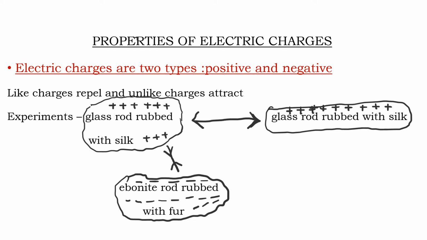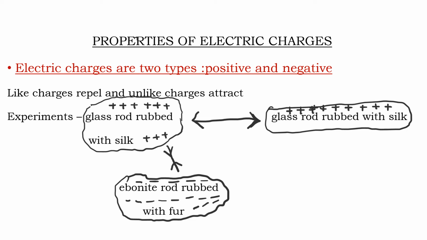When a glass rod rubbed with silk is brought near another glass rod similarly rubbed with silk, the two rods are found to repel each other because the charges developed in the two rods are of the same type. Hence there must be a force of repulsion between the charges developed in the two rods.